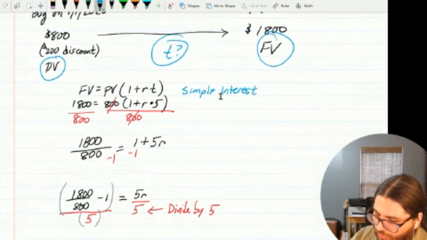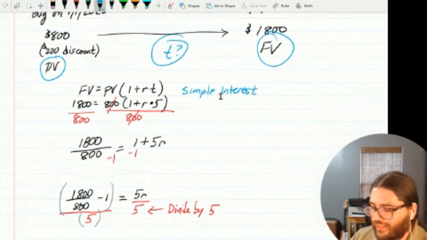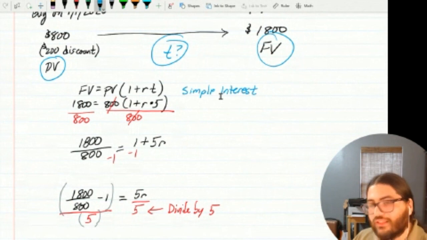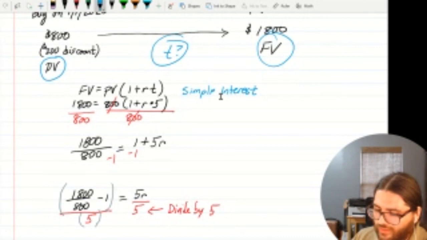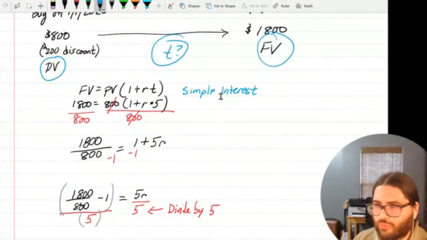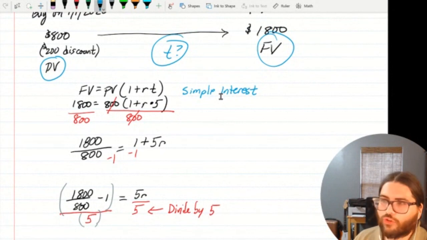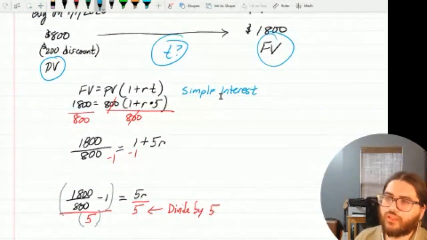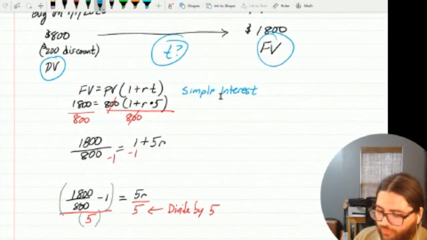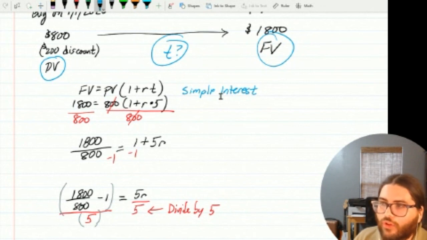That's pretty much all you need to know for the simple interest case. Yeah, there were some notes up above about the R needing to be a decimal and the T sometimes ends up being a fraction. But really, that one formula takes care of simple interest. Once you practice it, that goes on my note card as one formula. And if I need to solve for PV, then I will. A little bit of algebra.